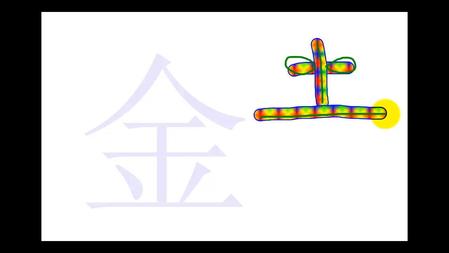Now you put that together, that does in fact mean dirt, ground, earth, or place. And you can see that that character is actually in the middle of the character for gold or metal. You can see across, down, and that long stroke.